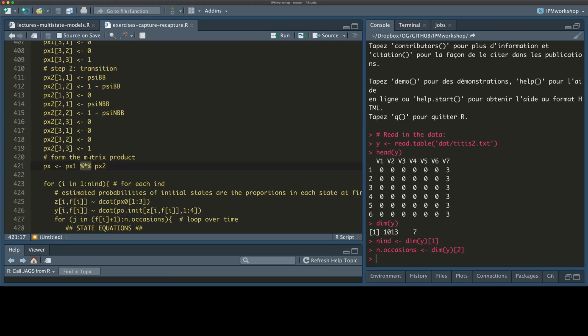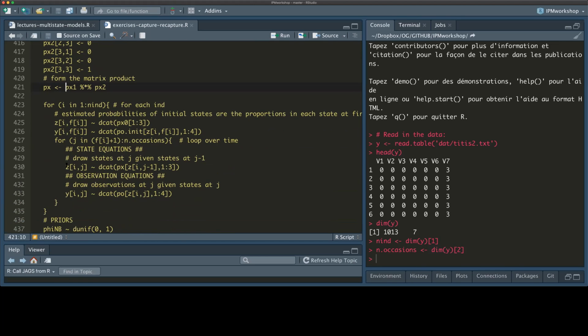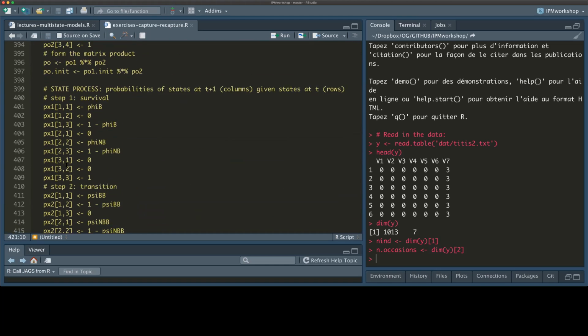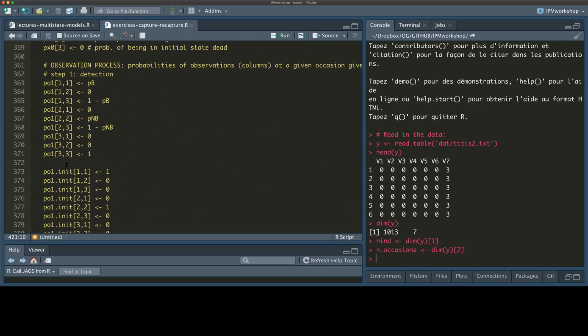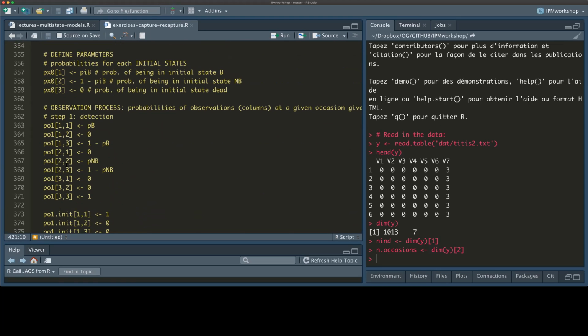So it might be better to directly write the whole matrix together, with the survival parameters and the transition parameters in the same matrix, and not do the matrix product here. It slows down the computation for sure. But I thought it was nice to show you that you can do that in R. You can have the matrix product in JAGS.